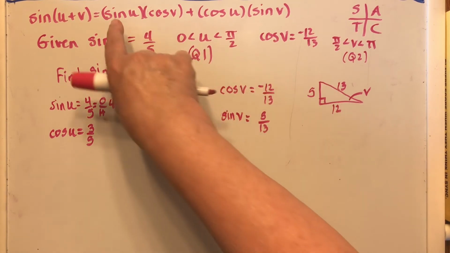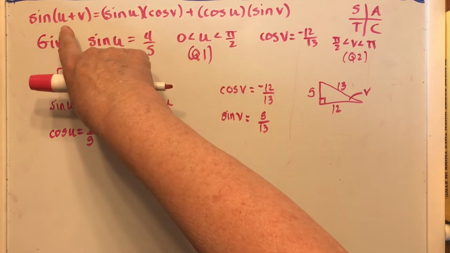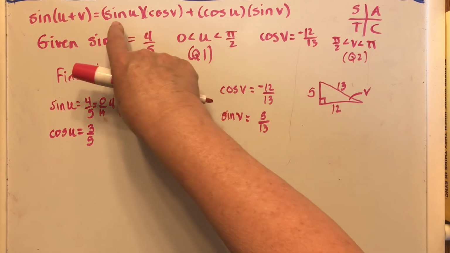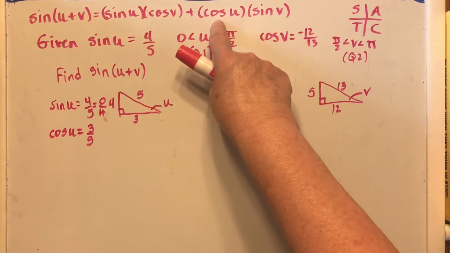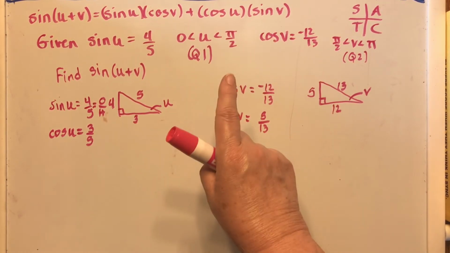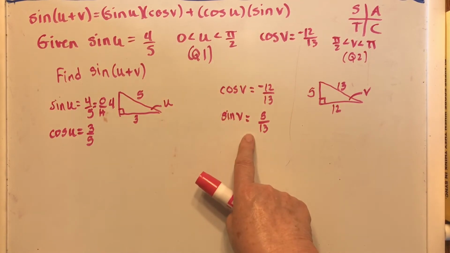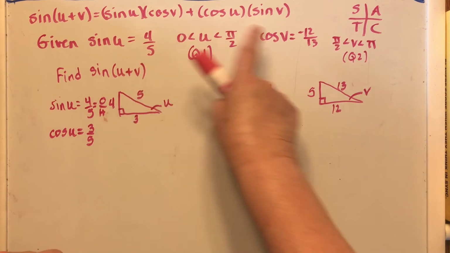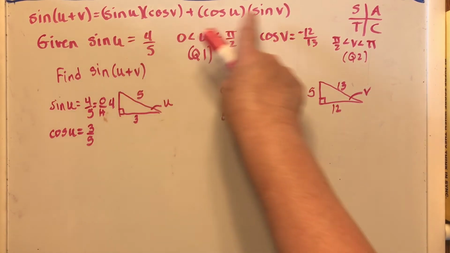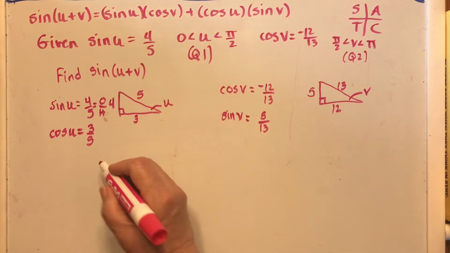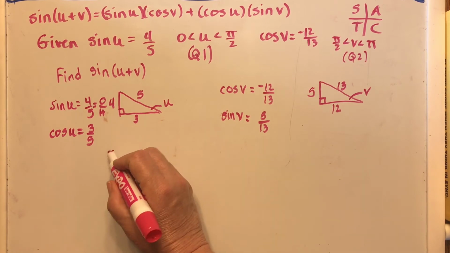So now my formula for the sine of u plus v, I need 4 values. The sine of u, cosine v, cosine u, sine v. I now have all 4 of those values. 2 of them were given, and we just found the remaining 2. So now I'm going to fill all these 4 values into this formula. The sine of u, they told me is 4/5.